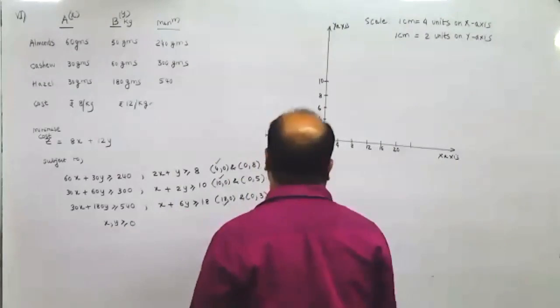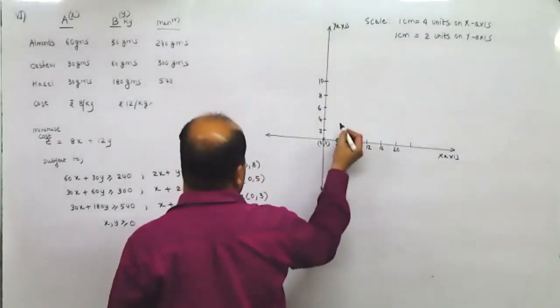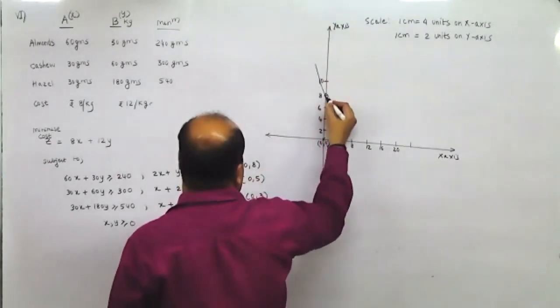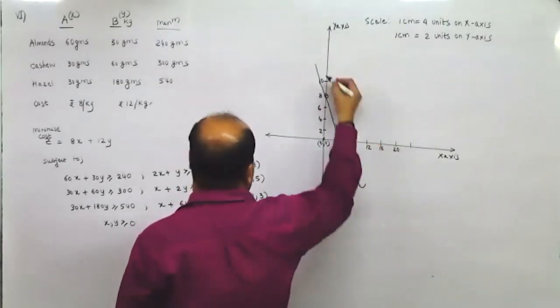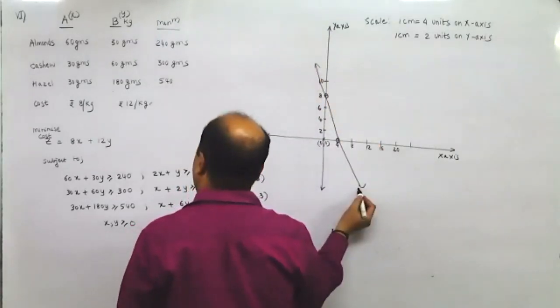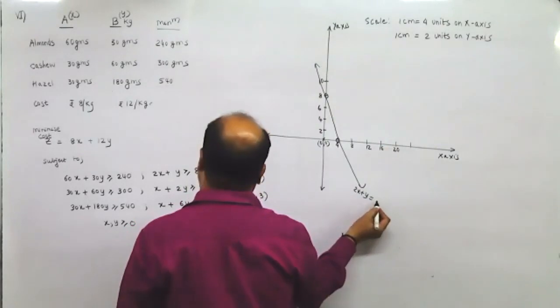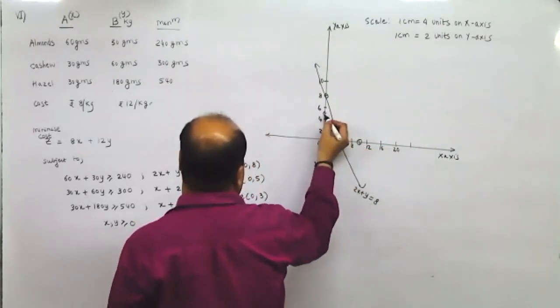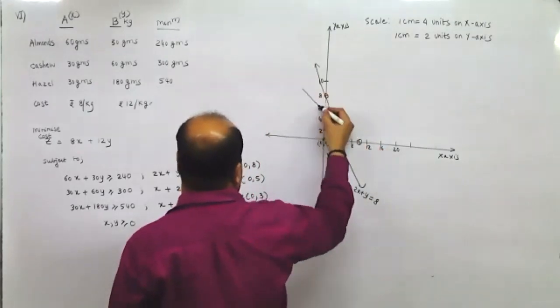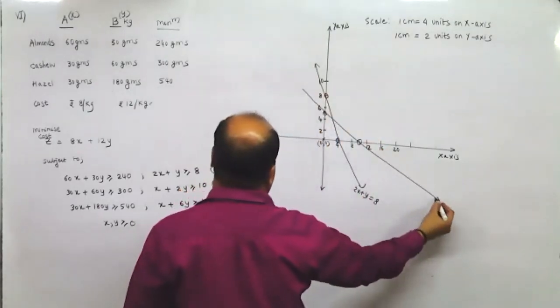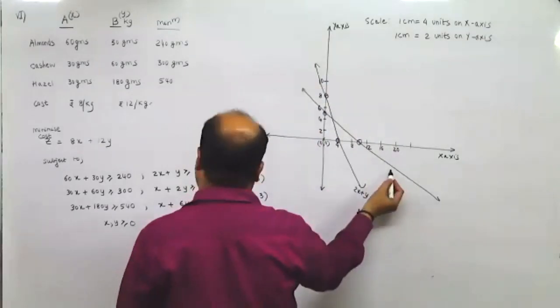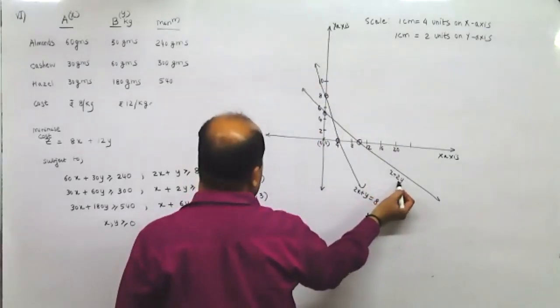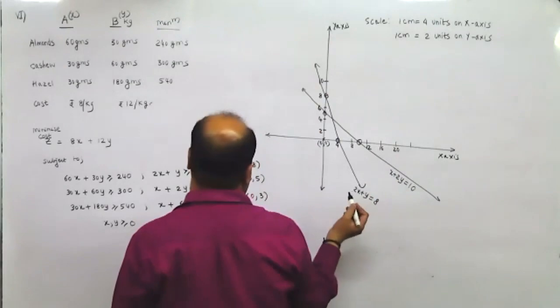This would be 4 comma 0. So here 0 comma 8. So here, 2x plus y equal to 8. Next one, 10 comma 0 and 0 comma 5. This would be x plus 2y equal to 10 and x plus 6y equal to 18.